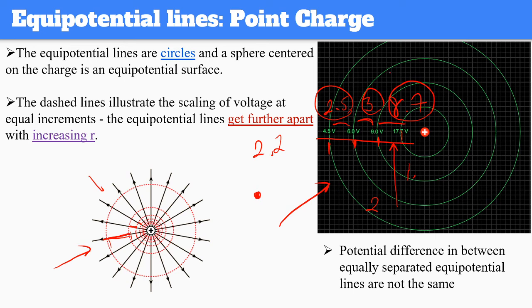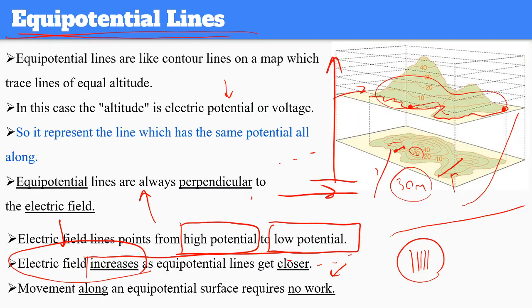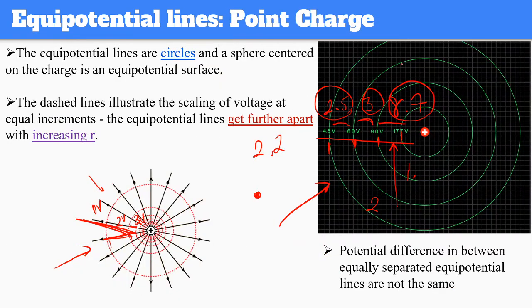But if you wanted to see, let's say, 1 volt, 2 volts, 3 volts, so the same difference between your equipotential lines, which is mostly the case, because remember, each line represents the same amount of change.